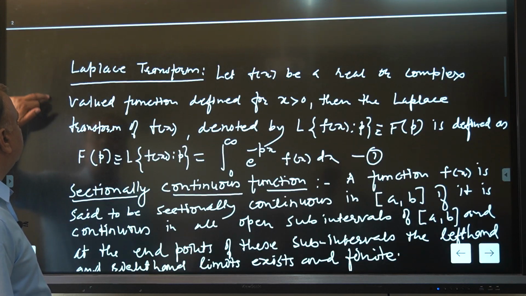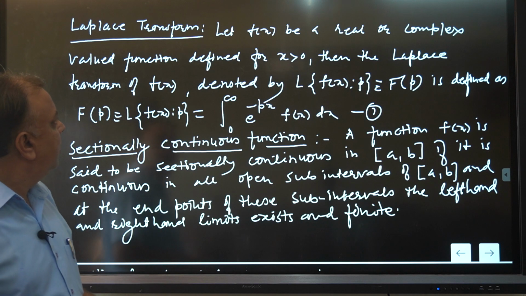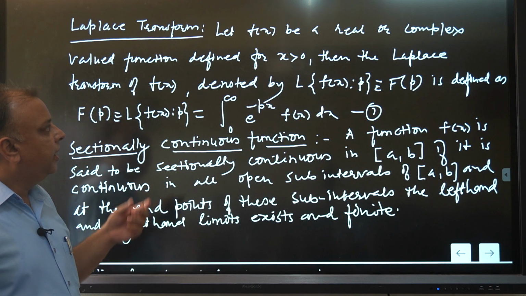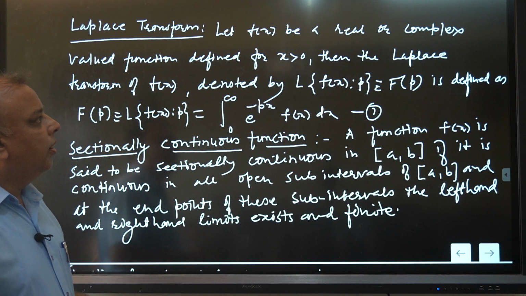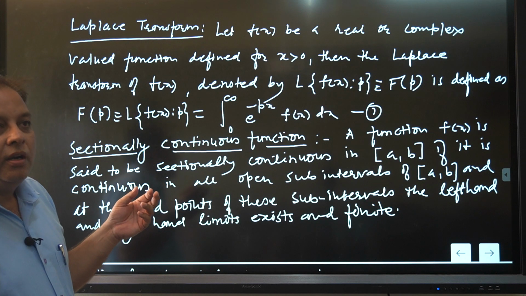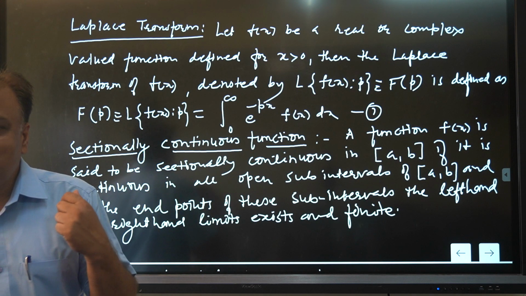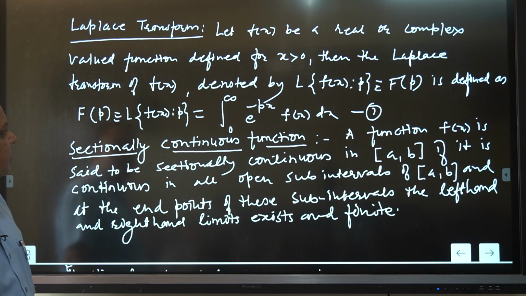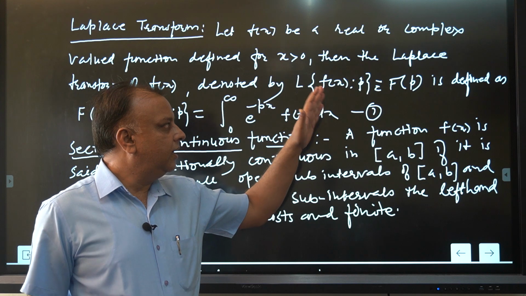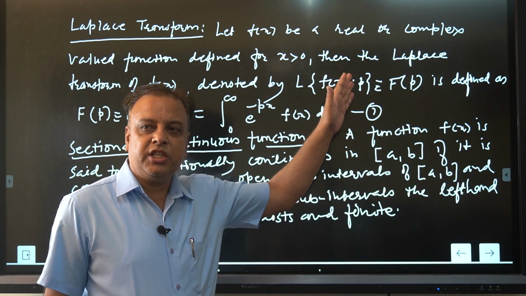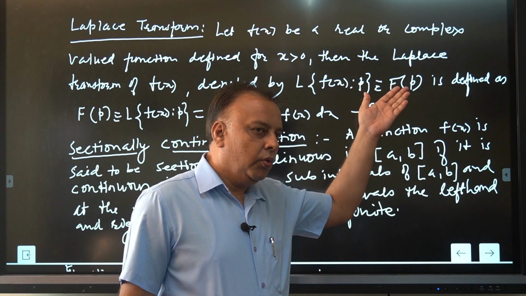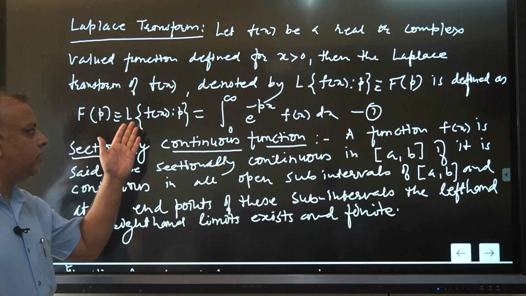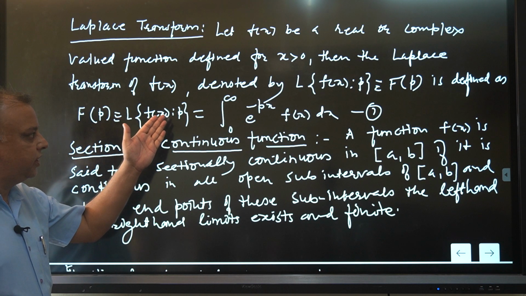Of these transformations, first we discuss the Laplace transformation. The Laplace transformation is defined as follows: if a function f(x) is a real or complex valued function defined for the values which are greater than 0, then the Laplace transformation of this function f(x), denoted by the Laplace transformation of f(x) with respect to p, or we will take it as F(p), is defined as F(p) equals the Laplace transformation of f(x) with respect to p.